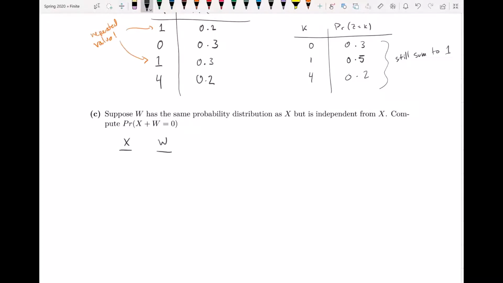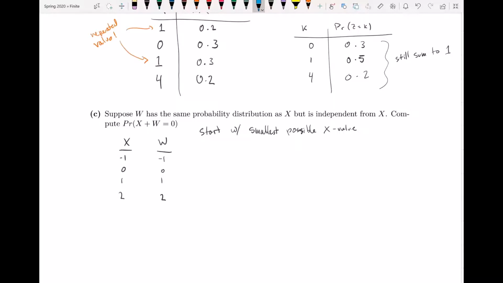So what I want to do is list the possible values for x and w, and then we'll figure out all the different ways that they can add to 0. So we have x can be -1, 0, 1, or 2, and w can be -1, 0, 1, or 2. Now to do this systematically, I'm going to start with the smallest possible x value such that the sum is 0.